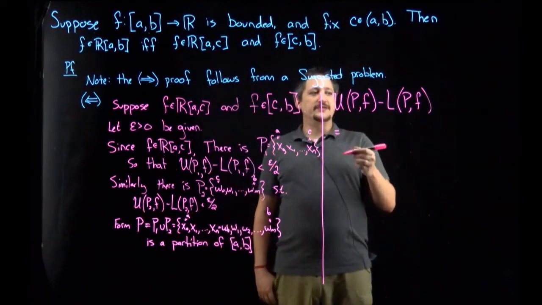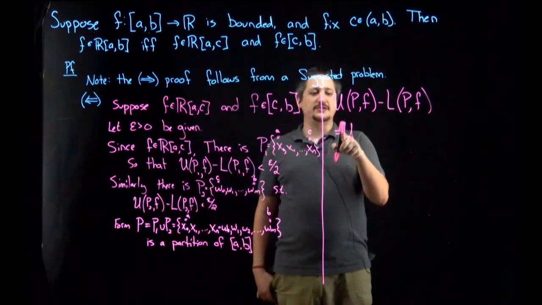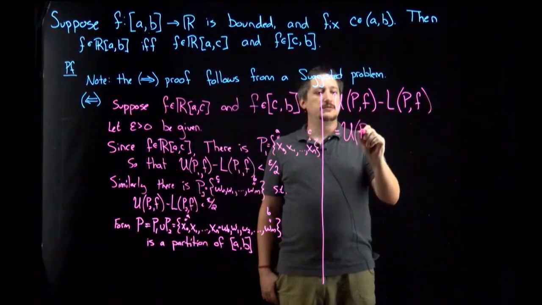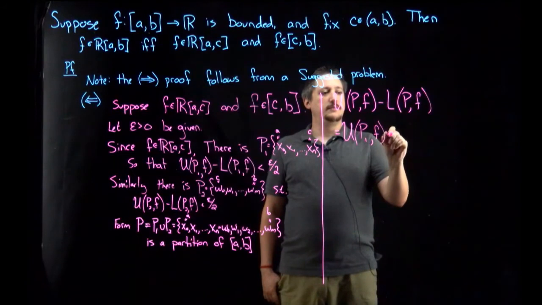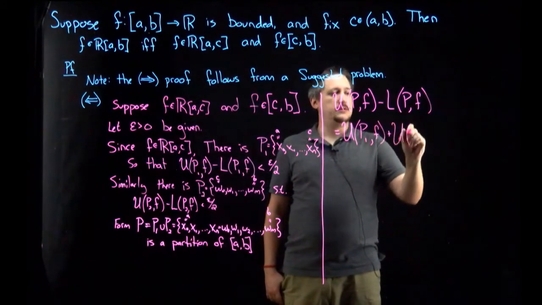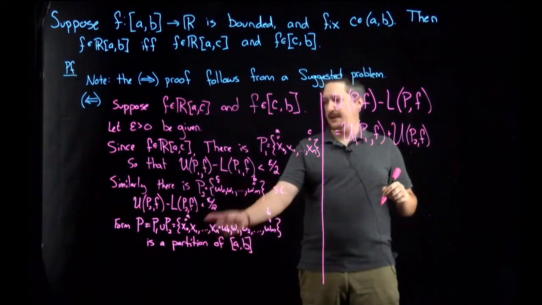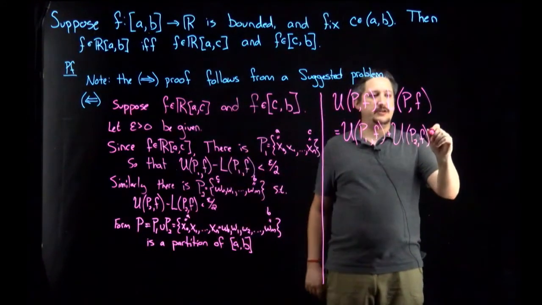So what I want to emphasize or point out here is that I can actually write that this is straight up equal, not even less than or equal or anything. It's actually honestly equal to U on P1 of F plus U on P2 of F, because I can split this back into the two pieces, right? And that's what U becomes.